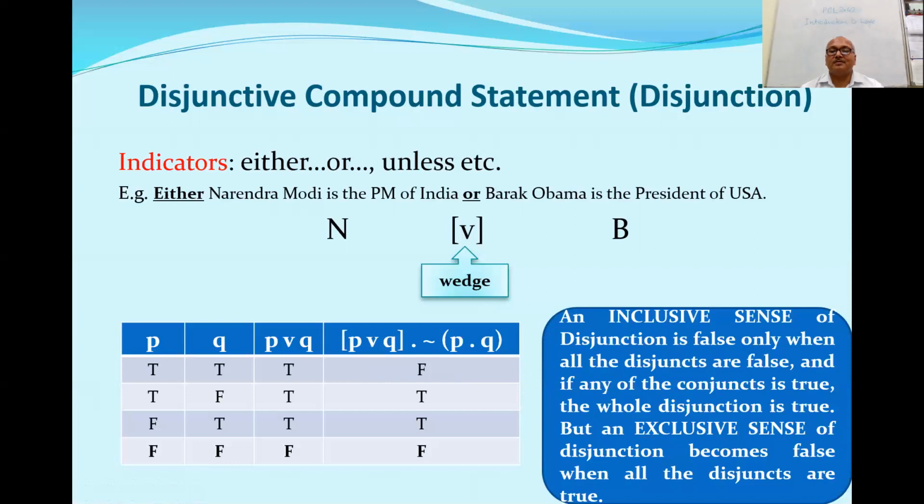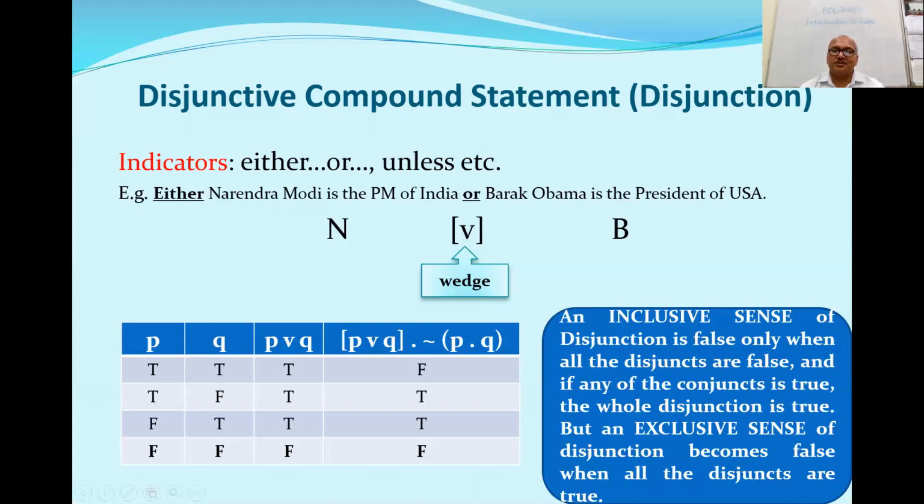But you cannot buy both for 100 rupees. So either this or that, but not both. So this way we clarify our intention, right? So inclusive sense of disjunction suggests that even if both the disjuncts are true, the disjunction will be true. But in the case of exclusive sense of disjunction, if both the disjuncts are true, then the total value of the disjunction will be false.